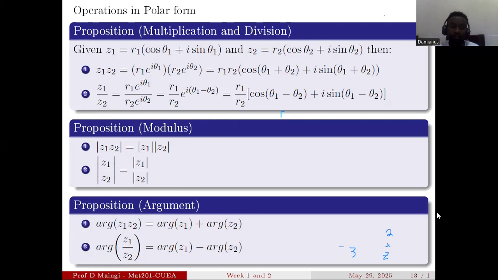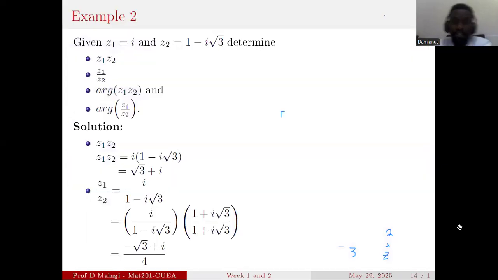Next, let's move on because I want to make sure the lectures are not too long. Example number 2: given z1 equals i and z2 equals 1 minus i root 3, you perform all three: multiply, divide, find the argument of the product, and find the argument of the quotient.